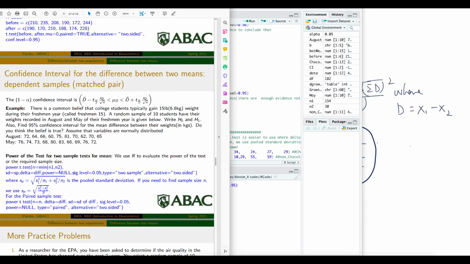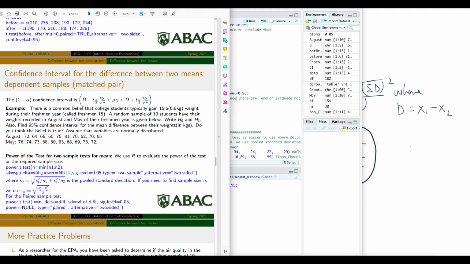So that is for the independent sample test. For the paired sample test, power.t.test n equals to n, because you will have the same sample size on both. Delta equals to the difference between the means again, and SD is equal to the standard deviation of the difference. You find out the difference, and SD is the standard deviation of the difference.